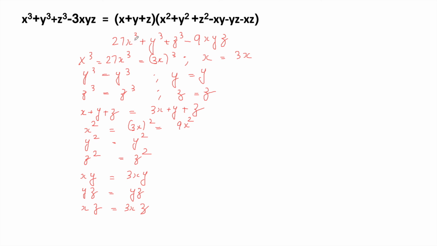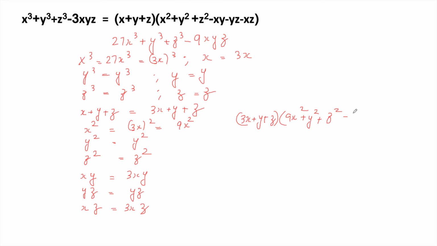Now we can substitute. And this x plus y plus z is 3x plus y plus z. X square is 9x square. Y square is y square. Z square is z square, minus xy.